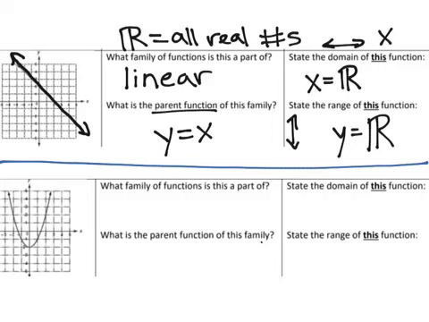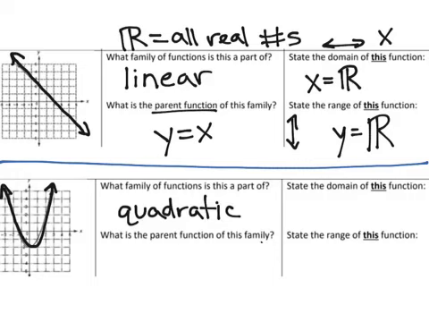Alright, so moving on to the bottom problem, we have a little bit different kind of function where it's sort of this U shape. And once again, it has those arrows on top, meaning that on the left side it extends left and up forever, and on the right side it goes right and up forever. So we saw this last video where we had a function that was shaped like a U. That sort of function is called a quadratic function.